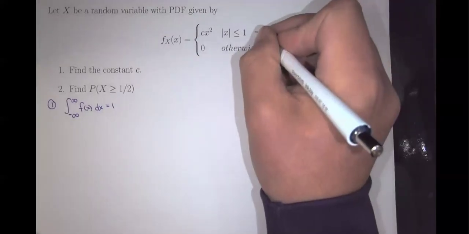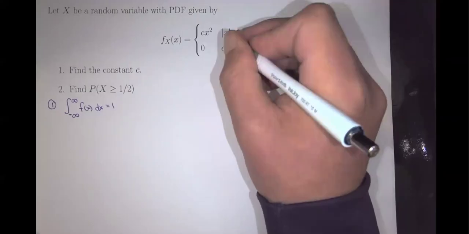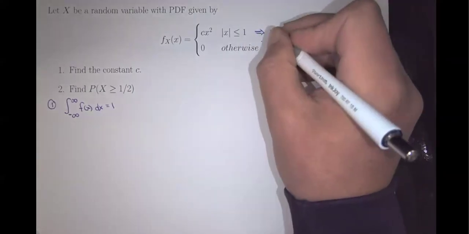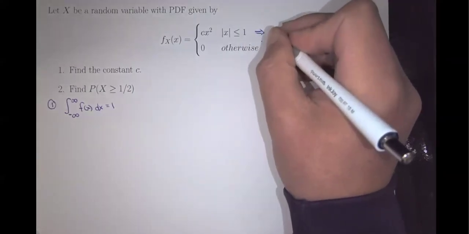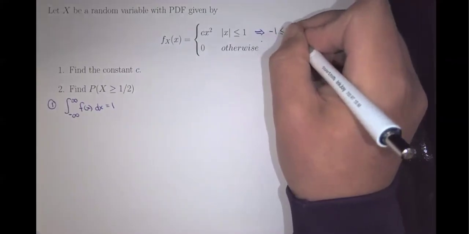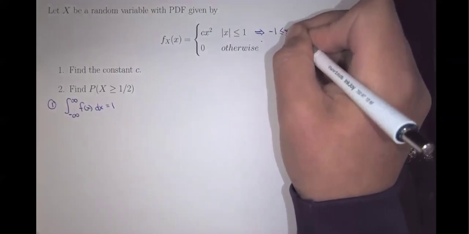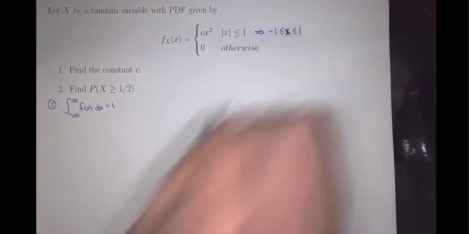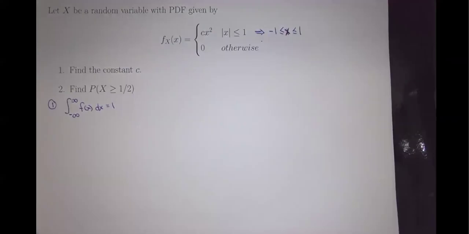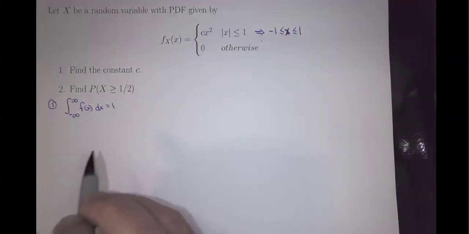So whenever x is between -1 and 1, we have cx squared, and we have 0 otherwise.